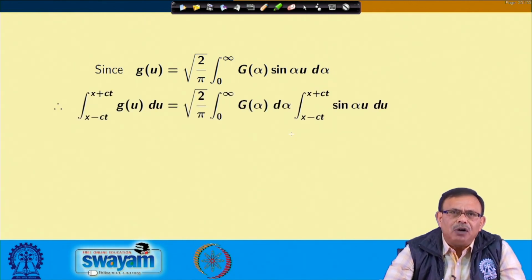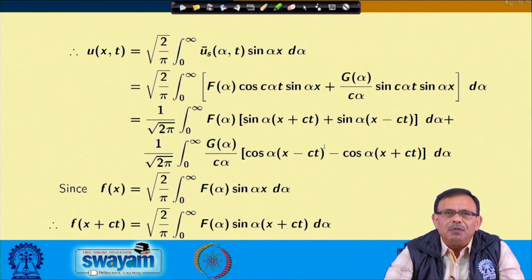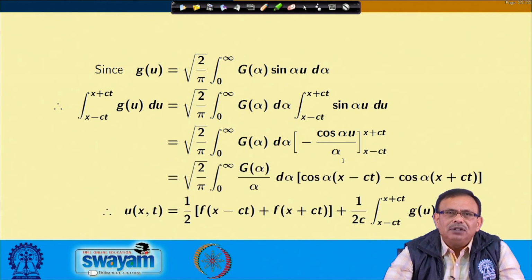So, if I now integrate both sides from x minus ct to x plus ct, after evaluation I am getting this, and you see this last term, this is nothing but the term which I obtained over here, G of alpha by c alpha into cos of alpha(x minus ct) minus cos of alpha(x plus ct). So, I am getting this term.